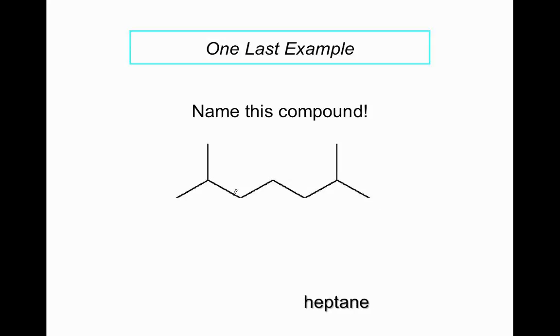For ease of viewing, I will again circle the base here, which allows us to identify 2 substituents coming off the top, both of them methyl groups indicated by the terminal lines. With 2 methyl groups, it means we have a dimethyl heptane.